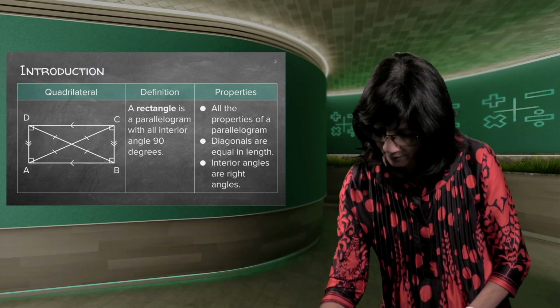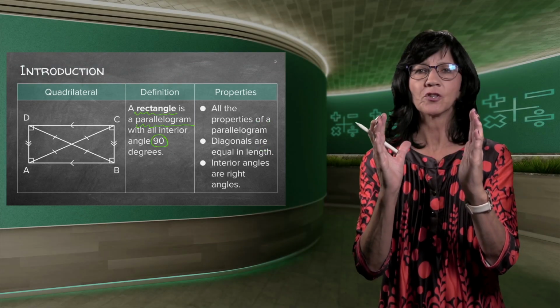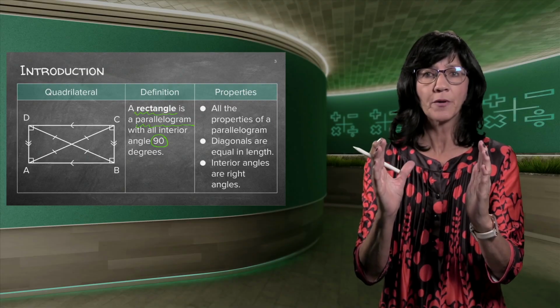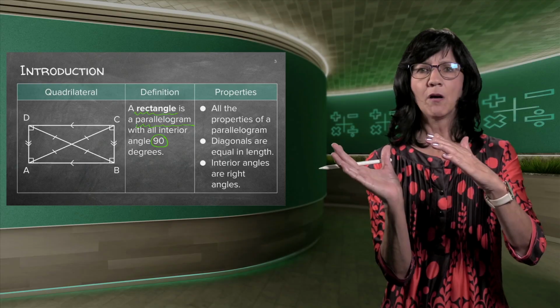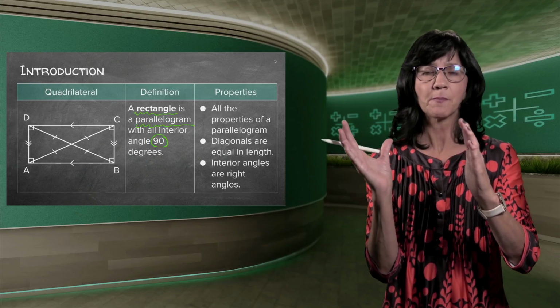So if we now look at a rectangle, it is actually a parallelogram, but all angles are 90 degrees. So it's just as the parallelogram, all they did, they took it and they put it straight up. So that is what a rectangle is. So if I asked you now the properties of a rectangle, you'll just say, oh, it's exactly the same as a parallelogram. You'll see the first property. It's exactly the same as a parallelogram.